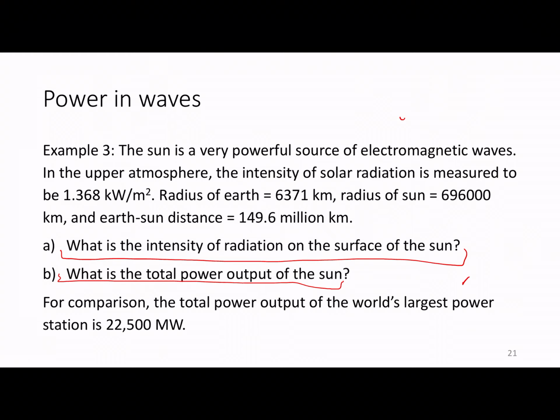For the string, we derived the velocity, the wave equation, and the wave function, y of x,t equals A cosine of kx minus omega t, which tells us everything we need to know about the wave. And finally, we saw that this could transmit power, either from a traveling wave like this, or from a point source like the sun.